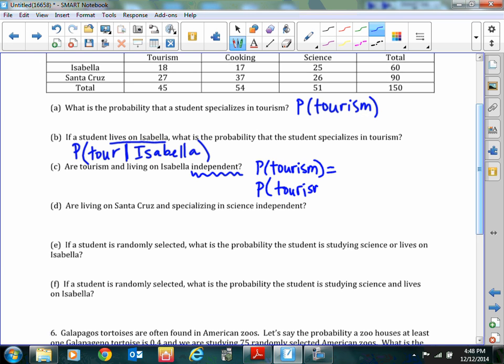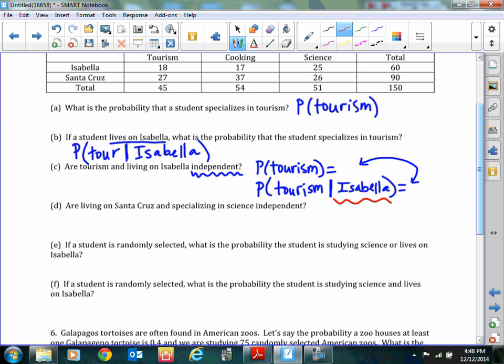Is the probability of tourism changed if it is known that you are from Isabella Island? Okay, and so you're going to look at these two numbers right here and compare them. Because if, given that you're from Isabella Island, has not changed the rate at which you go into tourism, then tourism and Isabella are independent. Okay, and then that's your hint.